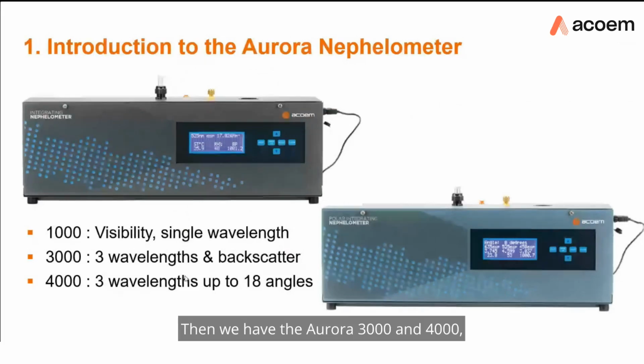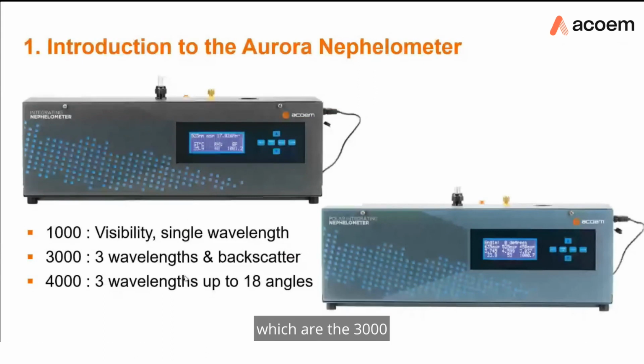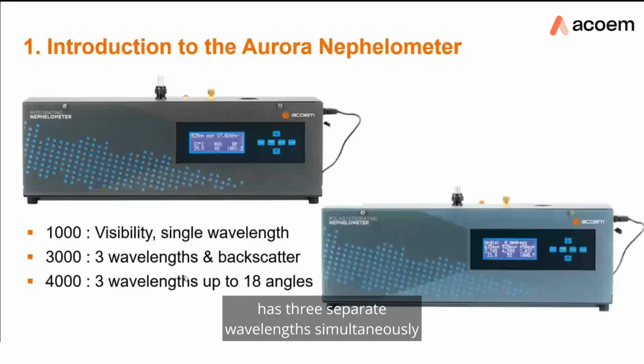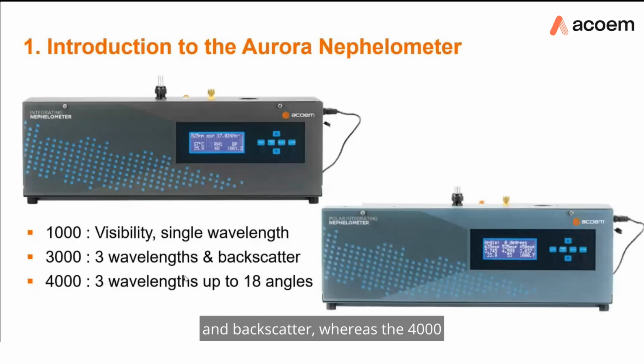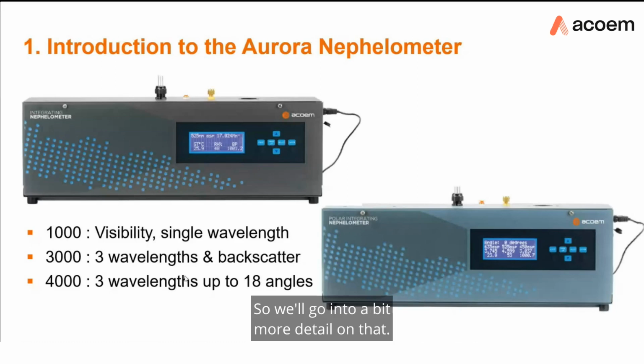Then we have the Aurora 3000 and 4000, which are generally used in the more research applications. The 3000 has three separate wavelengths simultaneously and backscatter, whereas the 4000 adds the ability to have the full scatter as well as 17 extra angles within its measurement cycle. So we'll go into a bit more detail in that.